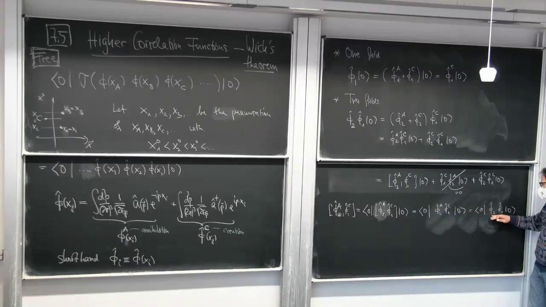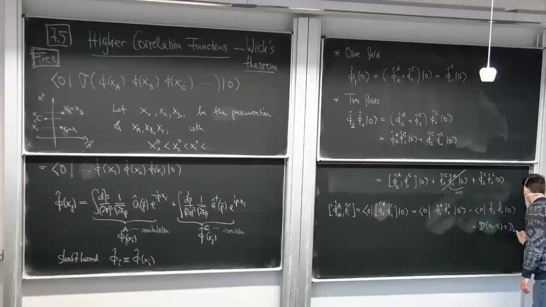Do the other way around. Right here, the sum annihilation creation for both, and then the 3 terms disappear. And this is by definition the D function of x2 minus x1, which I'll call now d21 because arguments are now indices.